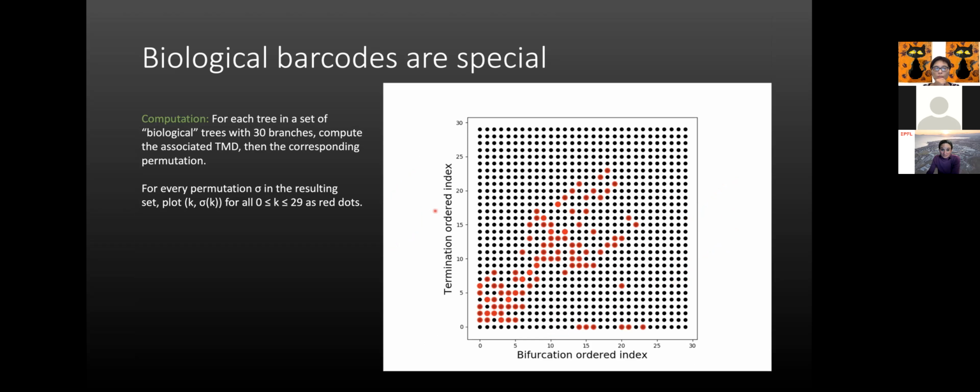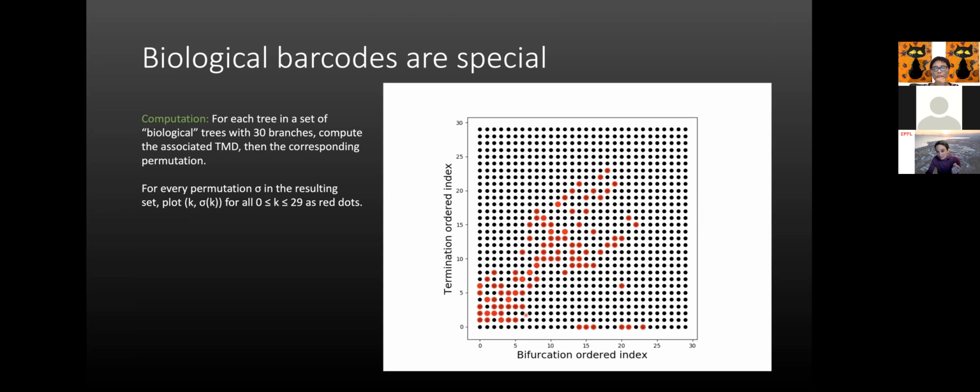You can also pick this up by looking at the set of all of these biological trees, coming from dendrites with 30 branches. You compute the associated TMD, and then the associated permutations. And you ask what sort of permutations actually show up. What this plot is showing is that for each of those permutations, we plotted the point of an integer matched with its value under the permutation.